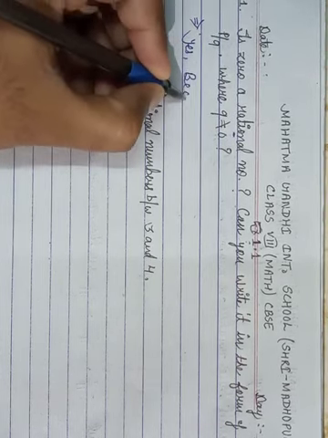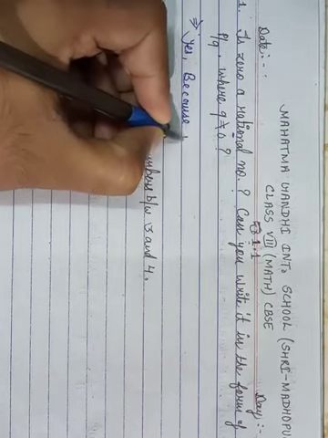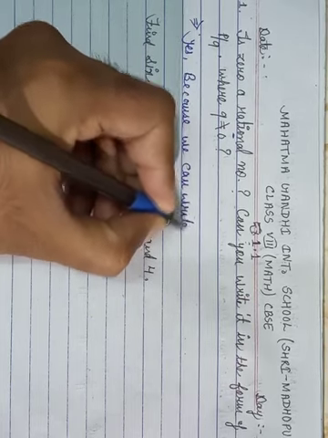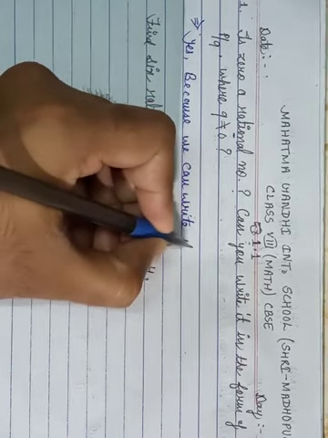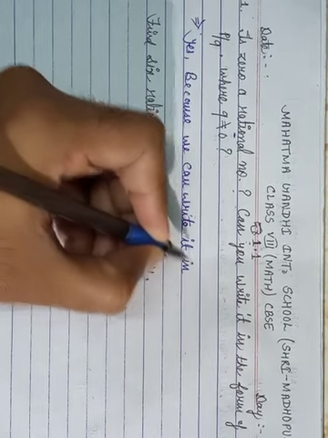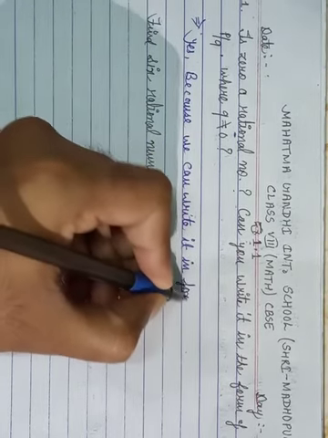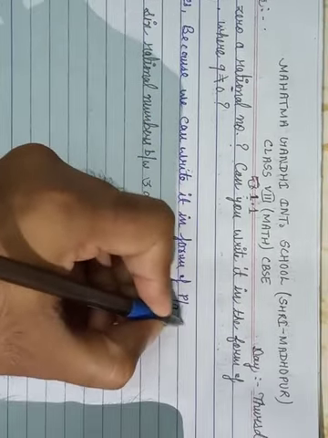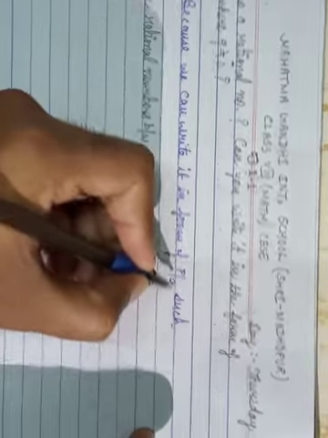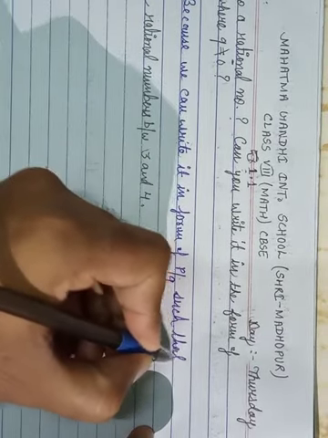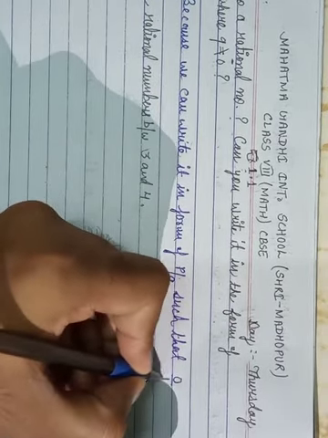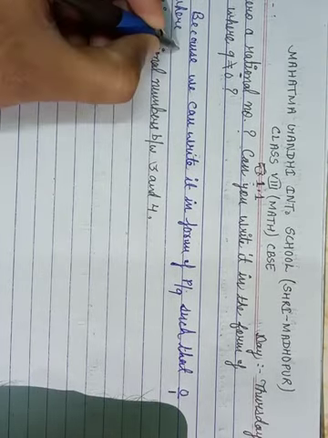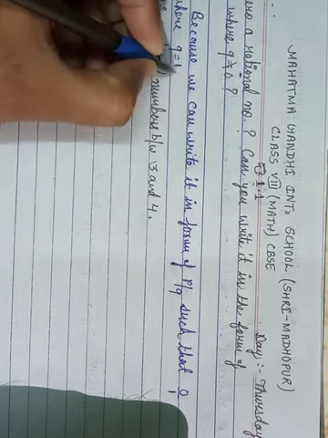because we can write it in the form of P upon Q such that 0 upon 1, where Q equals 1.